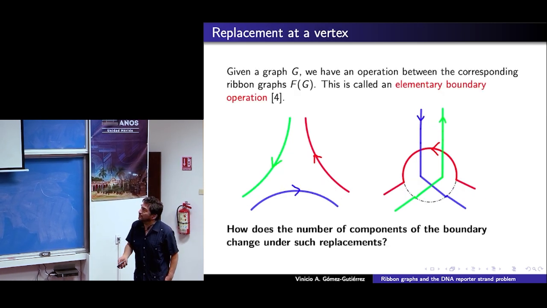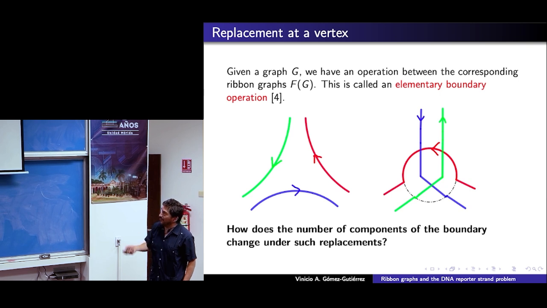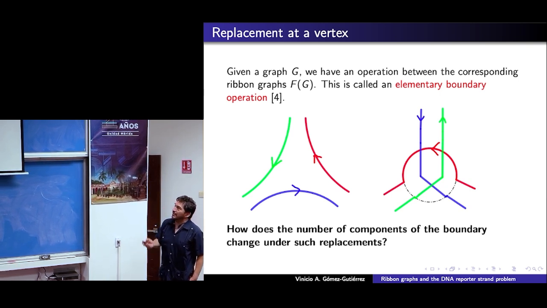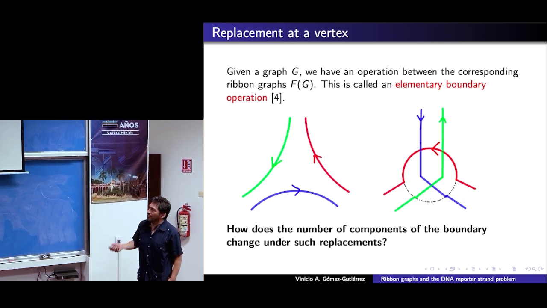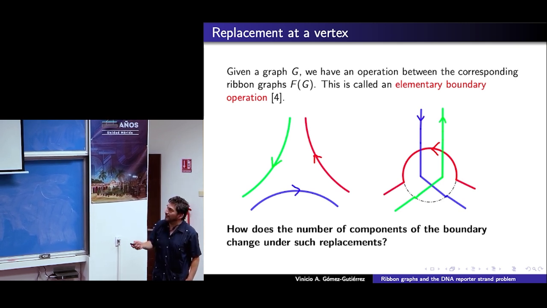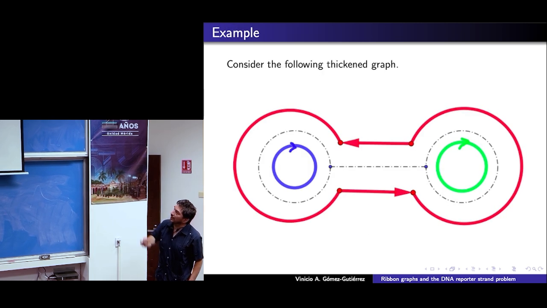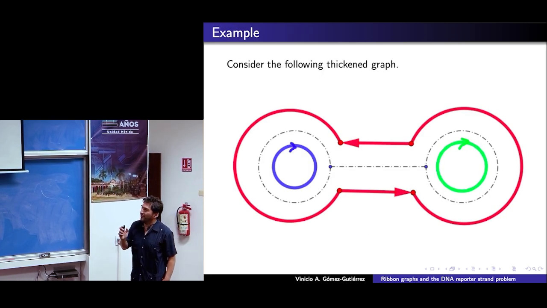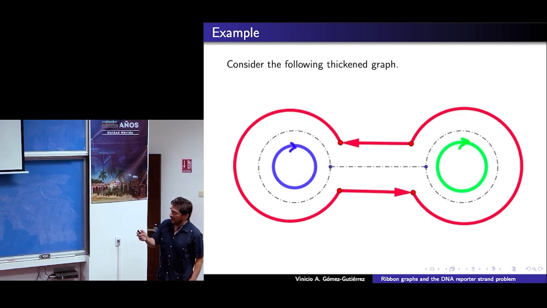Replacement at a vertex. Given a graph, we have an operation between the corresponding ribbon graphs. This is called an elementary boundary operation. How does the number of components of the boundary change under such replacements? There is a theorem, but first an example.